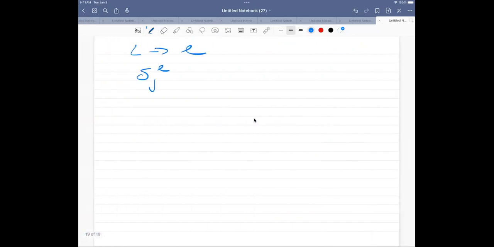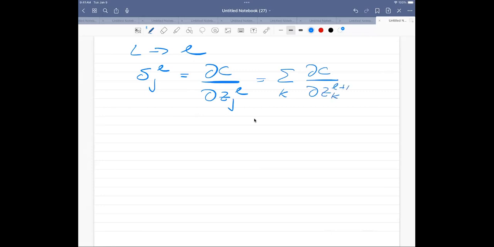So what I need now is the derivative of the cost function with respect to this z at a given layer l. Here again, I can use the chain rule. So I have a sum over the information from the next layer, dC/dz_k^(l+1) times dz_k^(l+1)/dz_j^l.